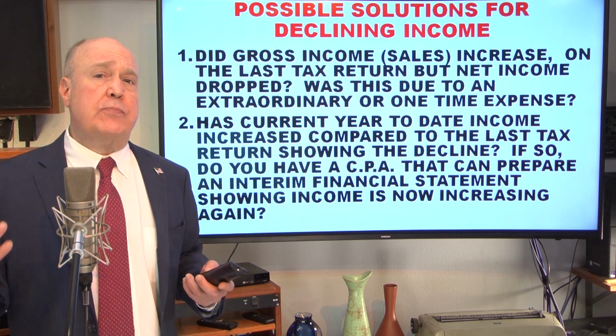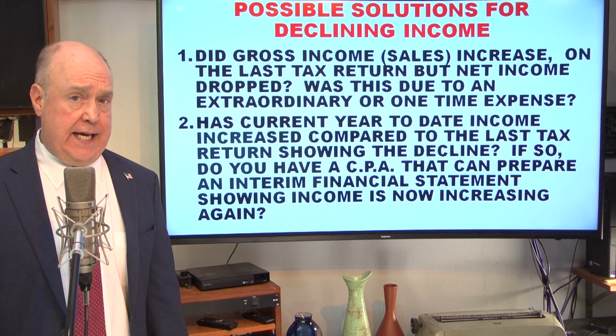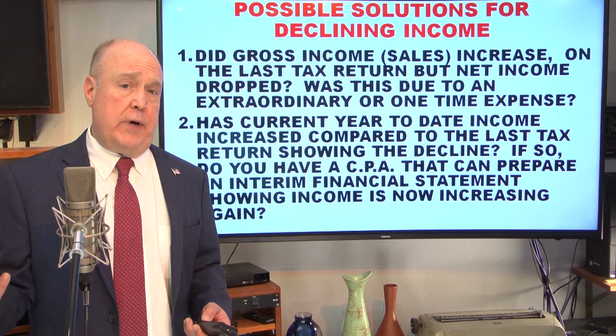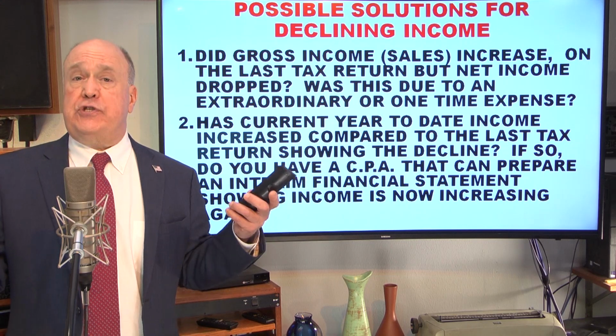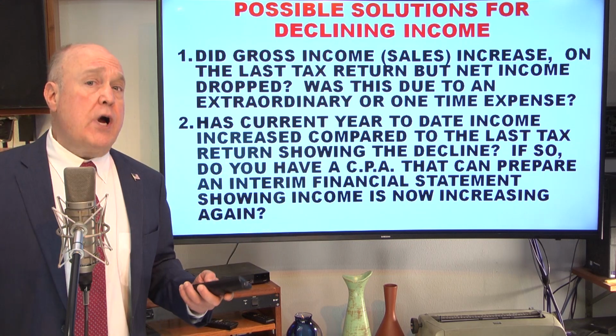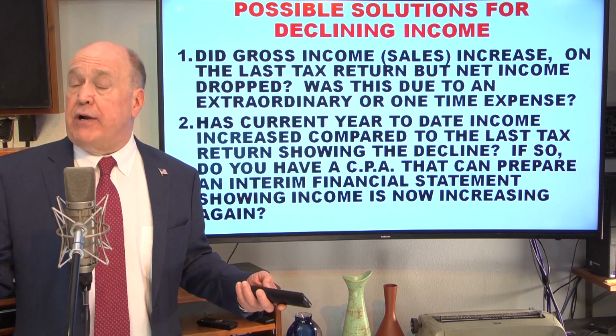There are possible solutions if the loan is going to be declined over declining net income. Now, they may not apply, but if they are there, they need to be pointed out. The first one is, did the gross number increase from the previous year to the most current year? And it was just the net number that dropped. And did the net number drop because the business had some sort of unique and extraordinary expense?